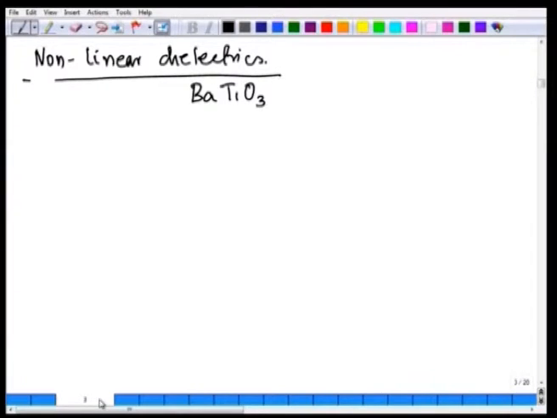But even before we start talking about non-linear dielectrics, let me just give a quick rundown of certain facts which I am not going to prove, but they are just fact. Let us first start with what is a piezoelectric material. You may be wondering why I am talking about piezoelectric materials when I was talking about dielectric properties, but this will become apparent to you in a minute. What are piezoelectric materials?